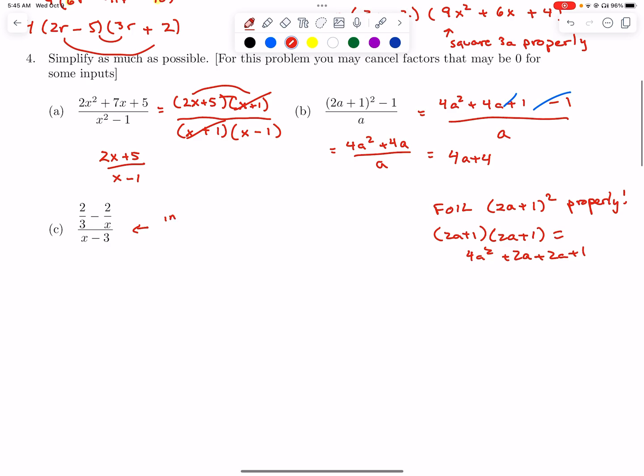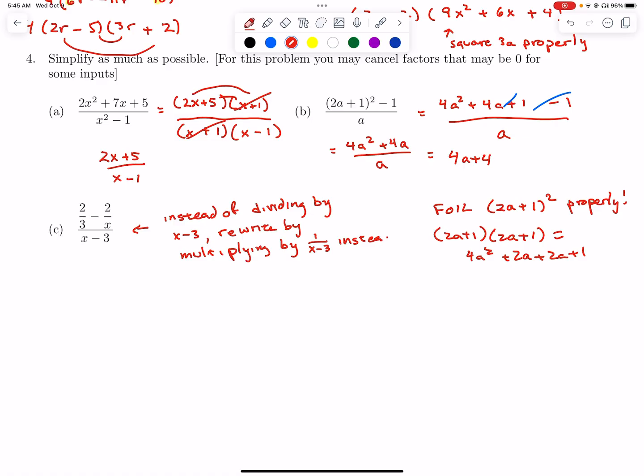So, okay, and then I've got the numerator.